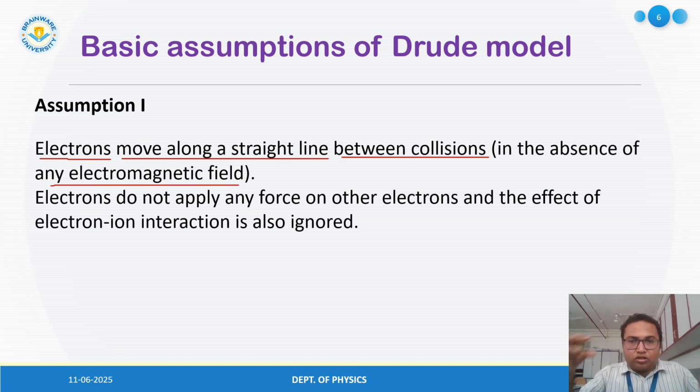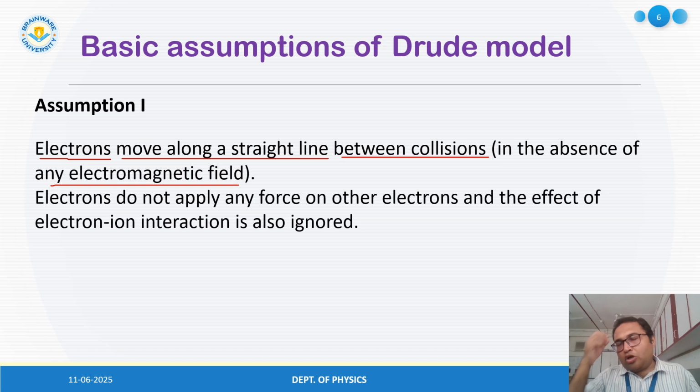Fine. So suppose there is one collision and here is the second collision. Between the two collisions, the electrons move in a straight line. Electrons do not apply any force on other electrons, and the effect of electron-ion interaction is also ignored. This is very, very interesting. Why? Because electrons are negatively charged.